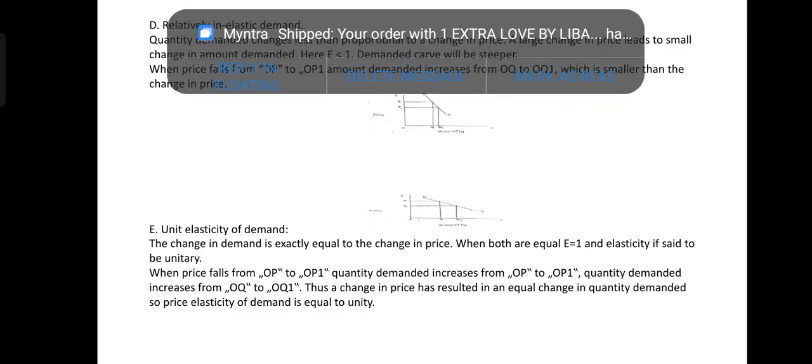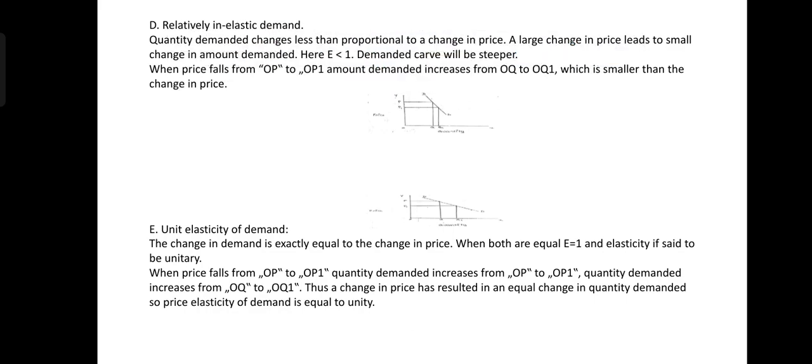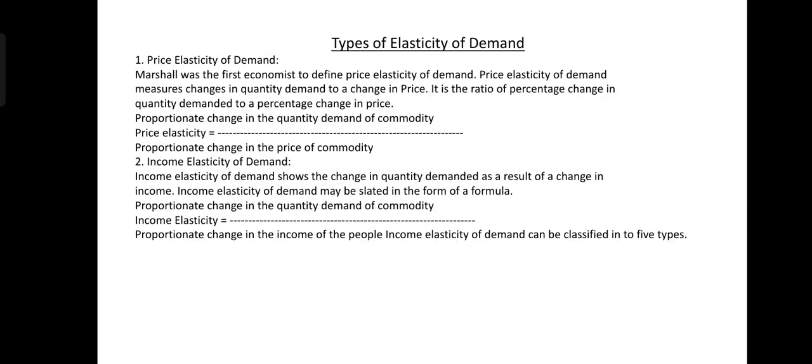The change in demand is exactly equal to the change in price. When both are equal, E is equal to 1, and the elasticity is said to be unitary. When price falls from OP to OP1, quantity demanded increases from OQ to OQ1. Thus, a change in price has resulted in an equal change in quantity demanded. So, price elasticity of demand is equal to unity.